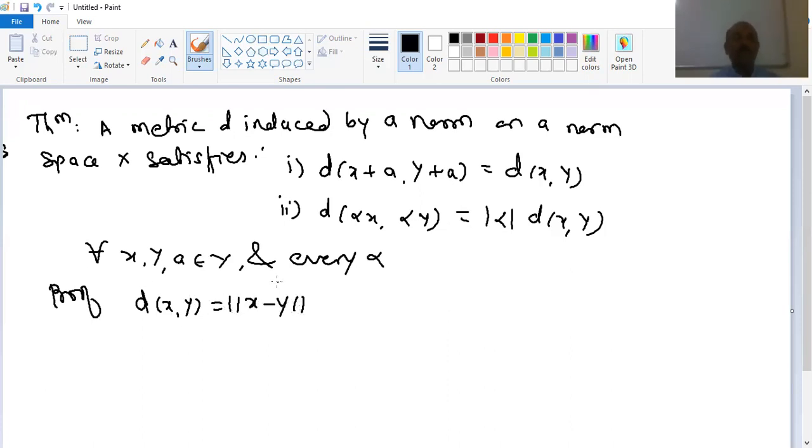This function is a metric induced by norm, and it satisfies these two conditions. Okay, let us take the first one: d of x plus a, y plus a is equal to d of x, y, which is norm of x minus y, by the previous example.